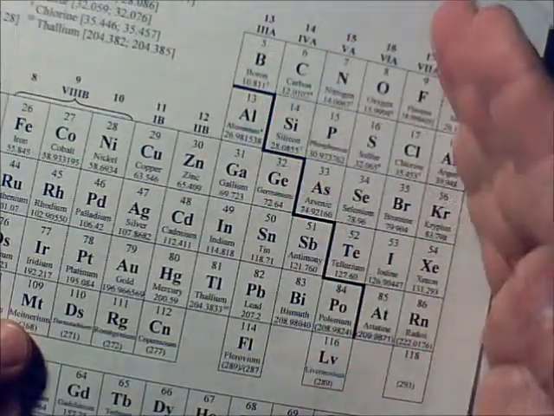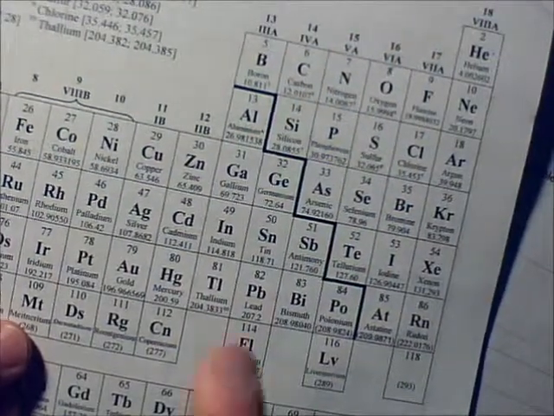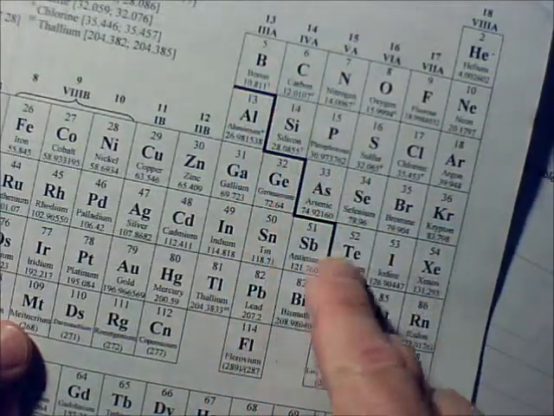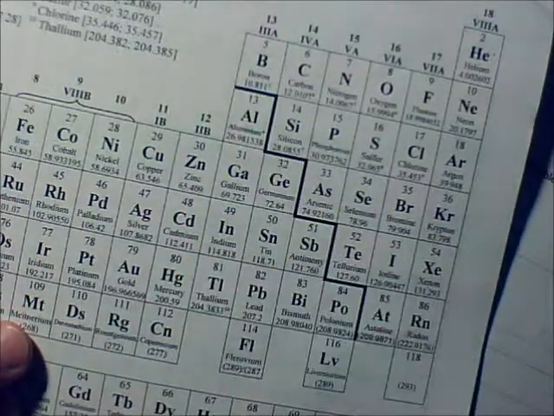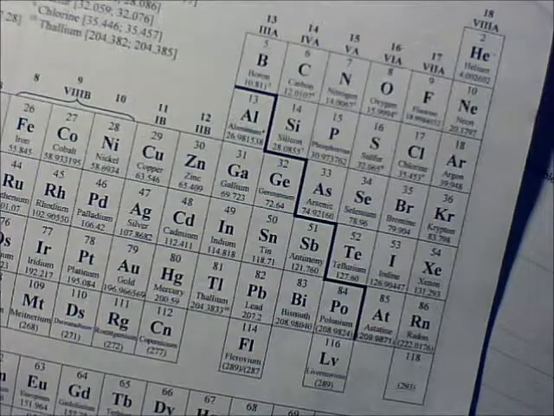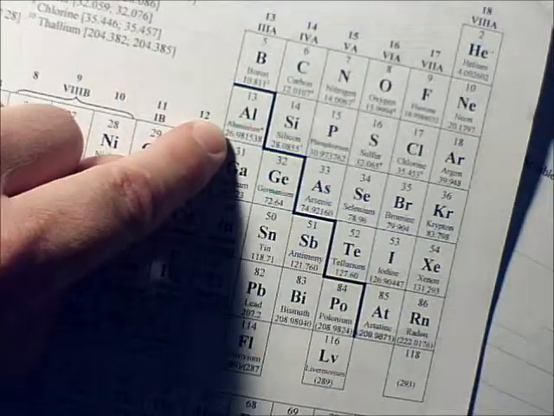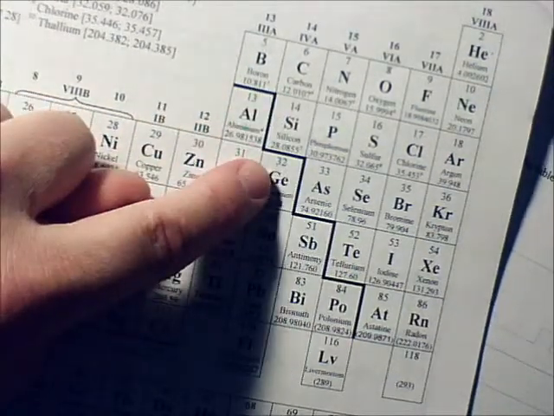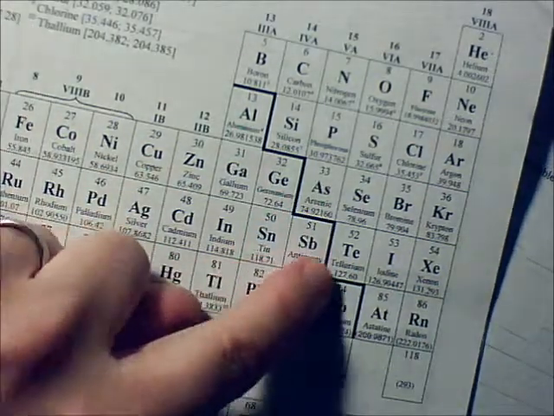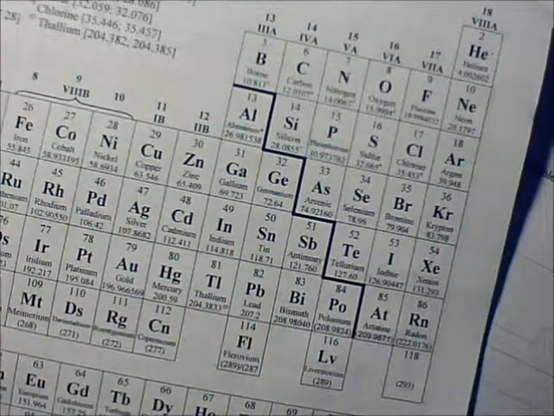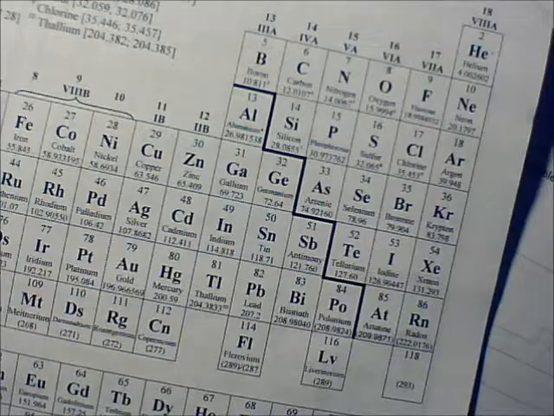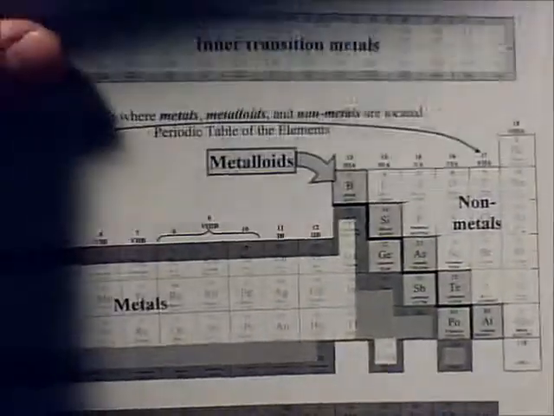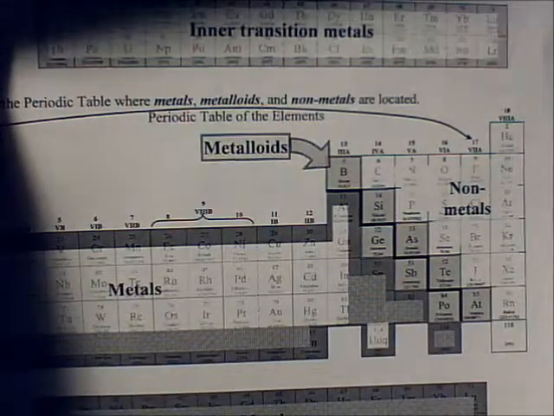If it's over here on this side, all these are nonmetals. And most of the elements that touch two sides or two parts of this stair step are called metalloids. Now, aluminum is an exception; it's always a metal. But boron, silicon, germanium, arsenic, antimony, tellurium, polonium, and astatine are all metalloids. And I've got a pattern here laid out for you to use to make your own.